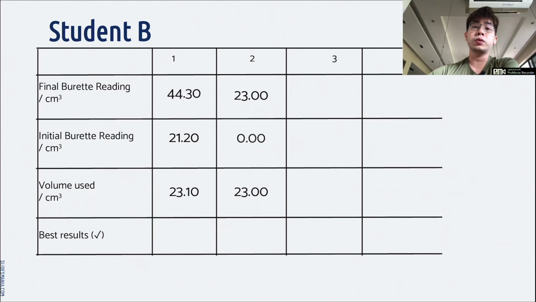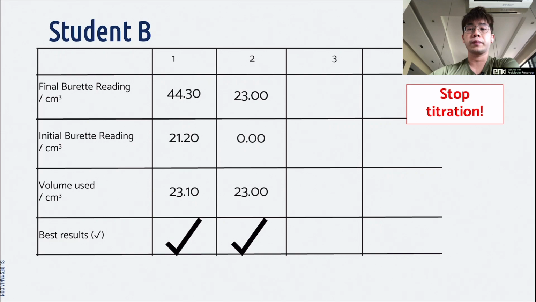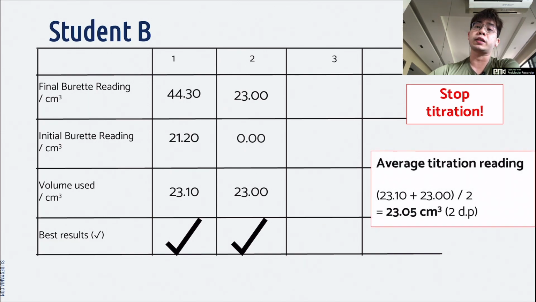So he will tick these values, and because he has a set of concordant results, he can stop the titration. Then he calculates the average: 23.10 plus 23.00 divided by 2 gives the average 23.05.